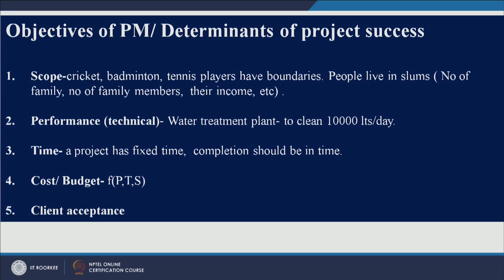Let us say you are doing a project on people who live in slums. Whenever you go for studying this kind of project, you should know a priori what you are going to do. For example, are you going to know the number of family members?